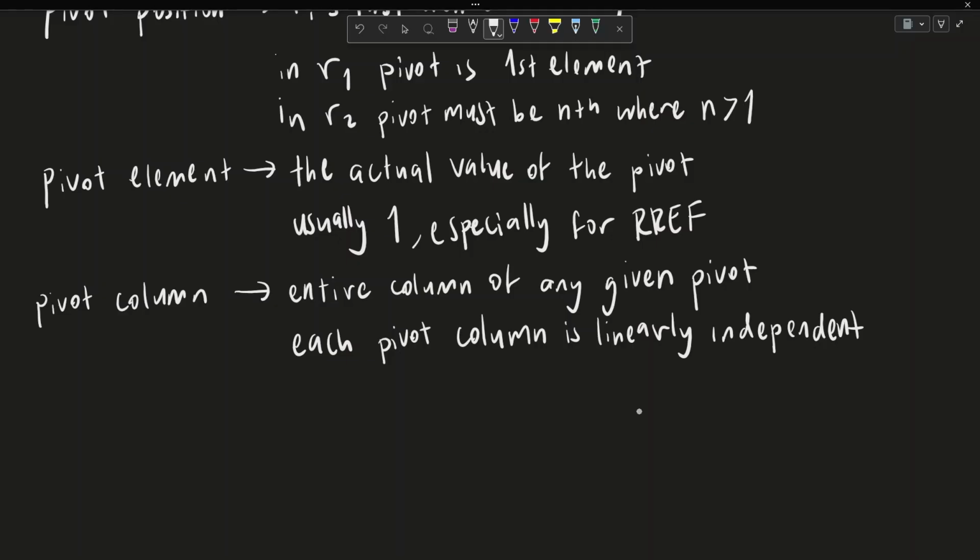So what does this tell us? This tells us that if we create a new matrix that only contains all of the pivot columns that are in our original matrix, we can, in theory, create the same number of linear combinations as using the original matrix. But now we have less information that's being used to get to the same number of possible linear combinations.